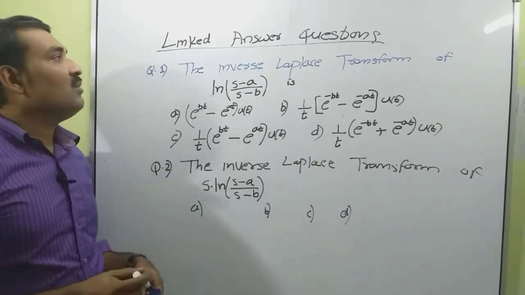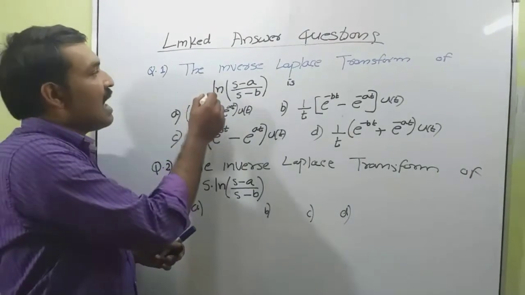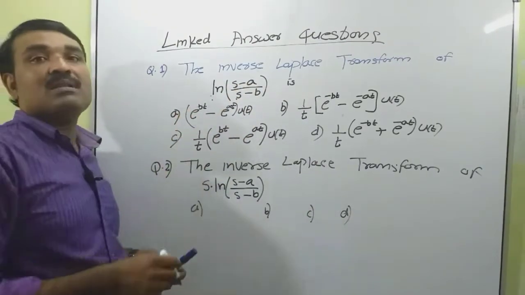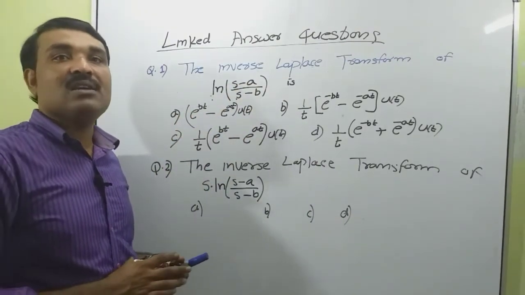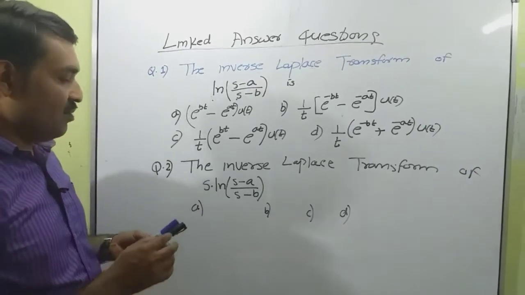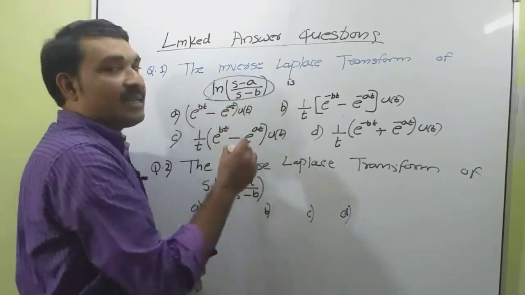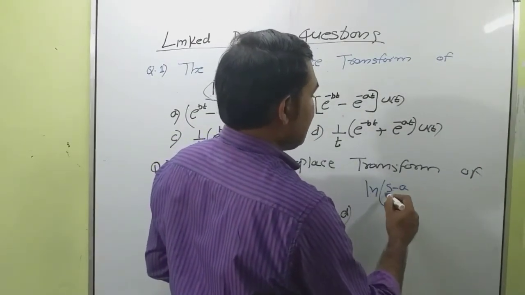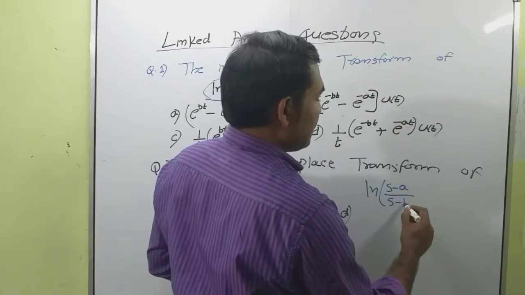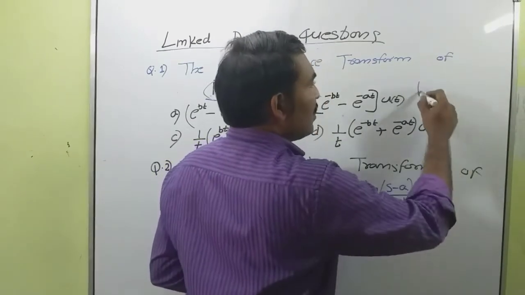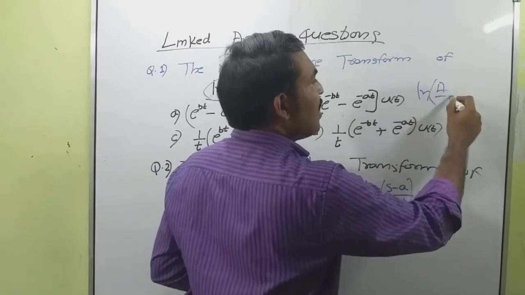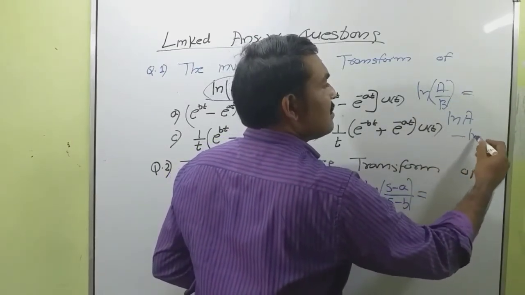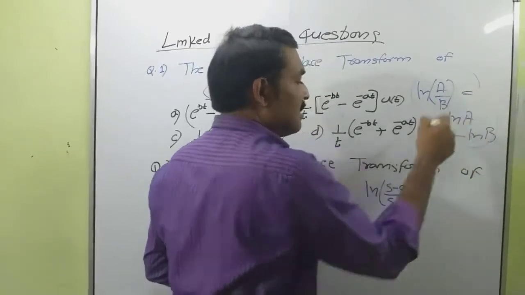Okay. Now the inverse Laplace transform of ln of s minus a divided by s minus b is, and options are given. Ln is natural logarithm. Okay. Now we can write this term ln of s minus a divided by s minus b as, since log a by b is equal to log a minus log b, we can use this identity here.